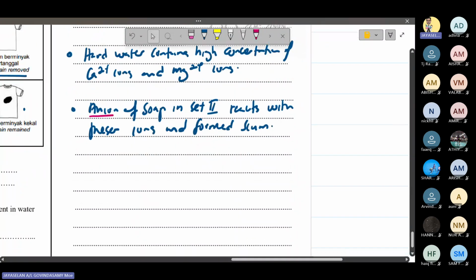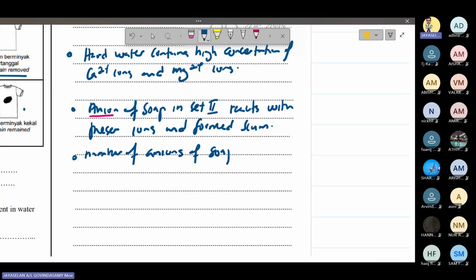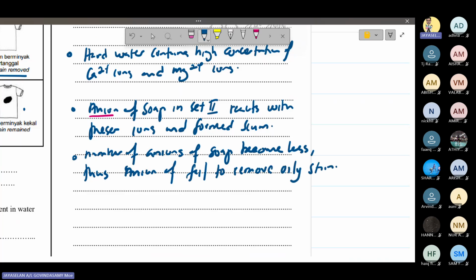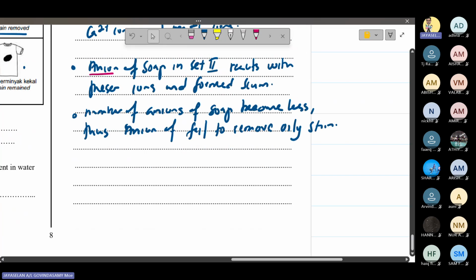And this causes what? The number of anion of soap becomes less. Then next point, thus anion of soap fails to remove the oily stain. You guys already scored another mark. Any question?